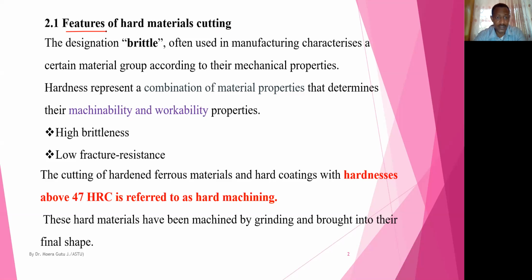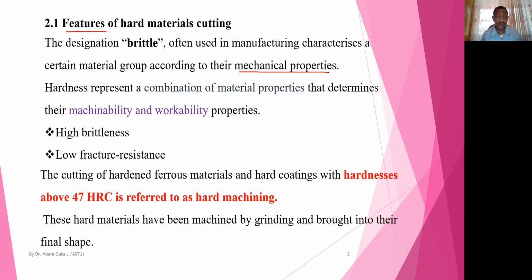The designation brittle is often used in manufacturing to characterize a certain material group according to their mechanical property. So to say it is a brittle or a ductile material is based on the mechanical property of the material. The hardness represents a combination of material properties that determines their machinability and workability.